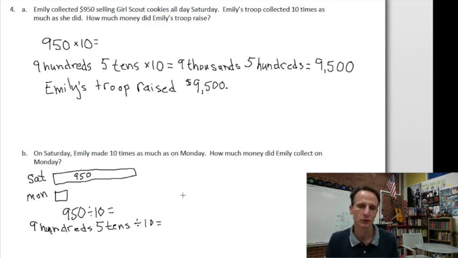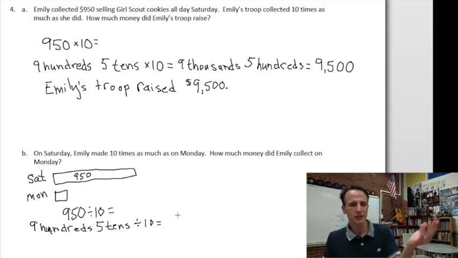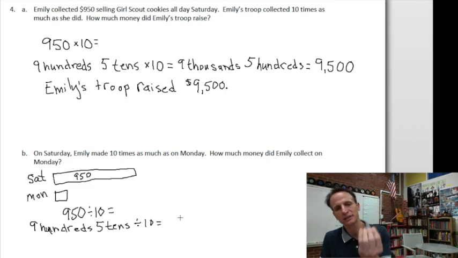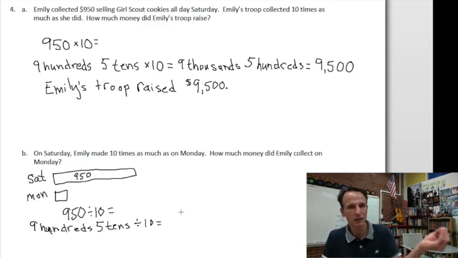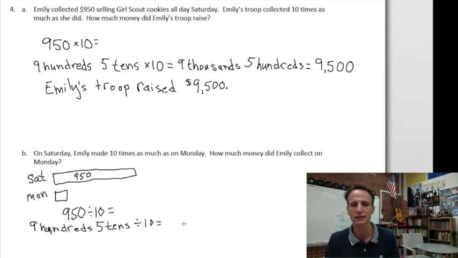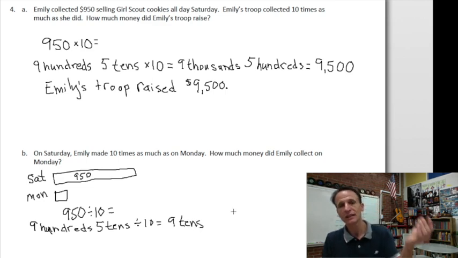Back in numbers 2 and 3, so we know 900s divided by 10, those 900s are going to step down a place in the place value chart, because that's the nature of our base 10 number system. So 900 stepping down a place to the tens place. So it would be 9 tens. And those 5 tens divided by 10 will step down a place on the place value chart.